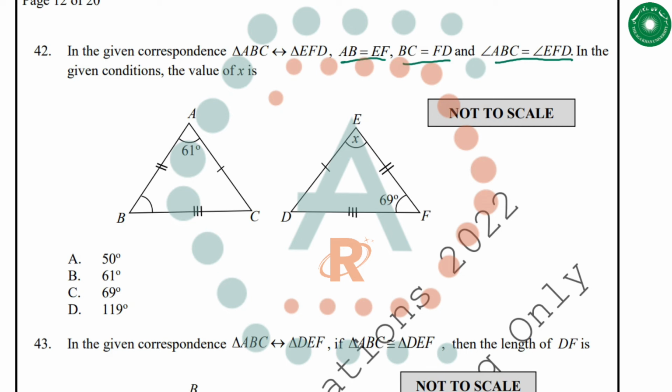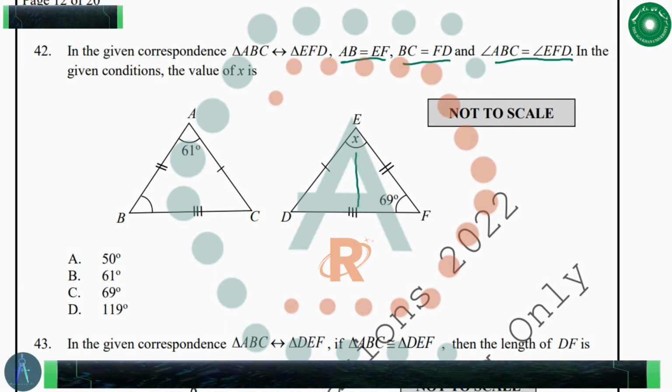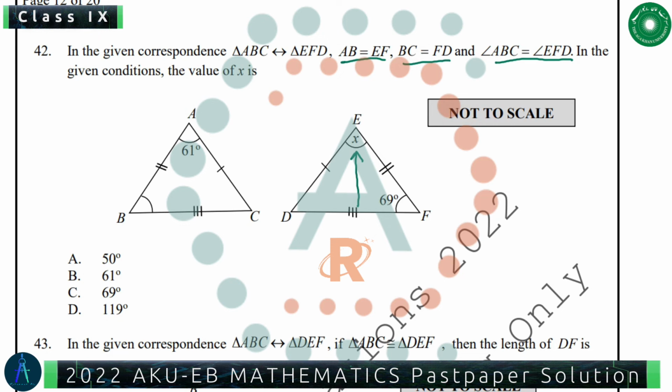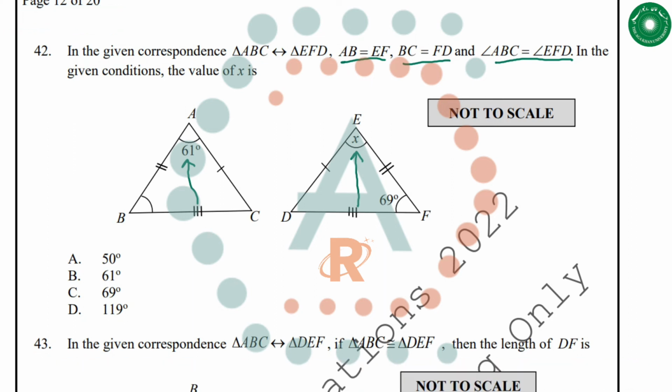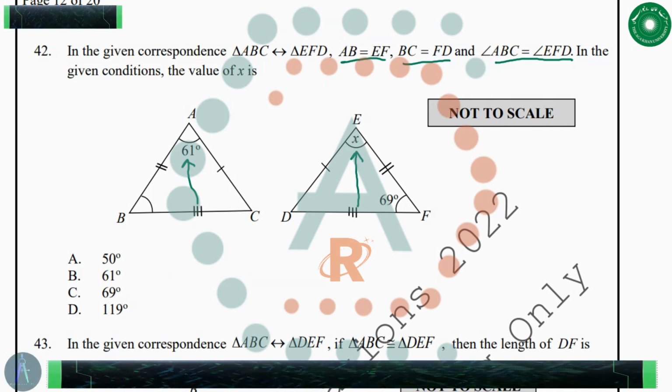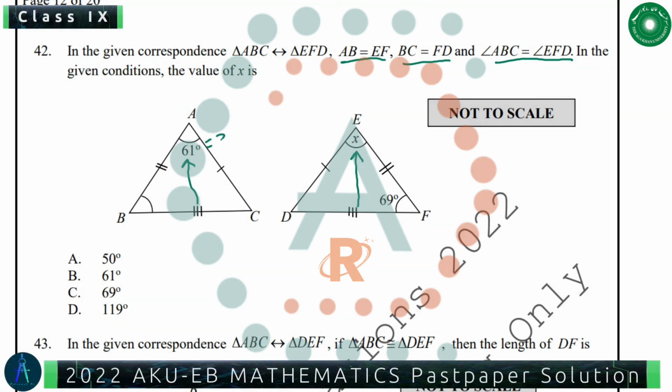As we can see, x is the angle opposite to the third side. According to this, the angle opposite to the third side is 61. So in this triangle, if x is opposite to the third side, then here also the angle opposite the third side should be equal to x. The value of x is 61 degrees.